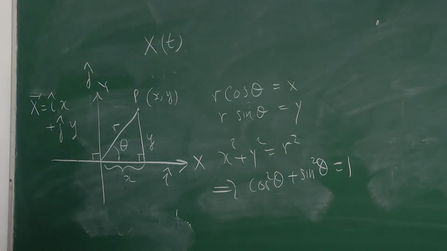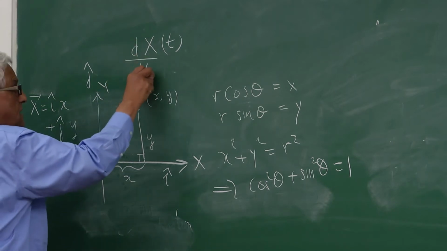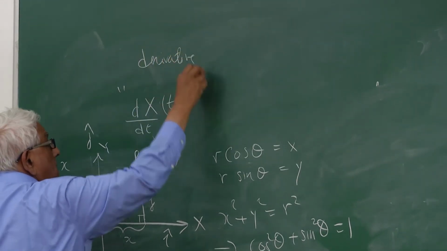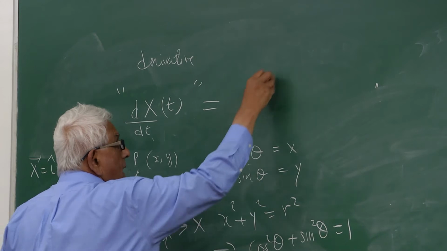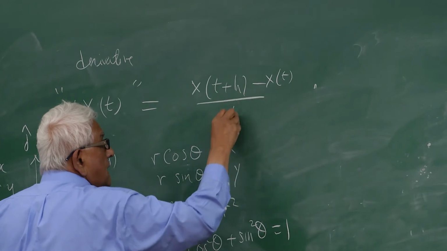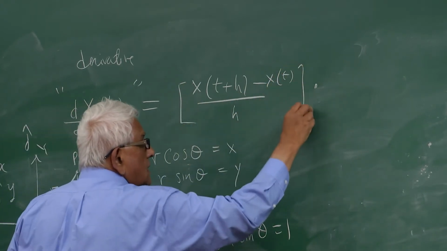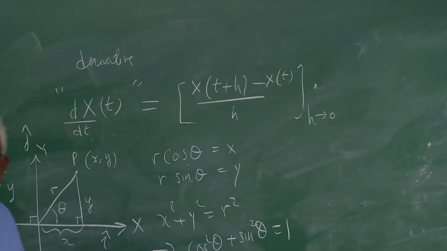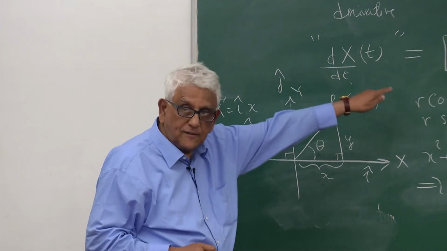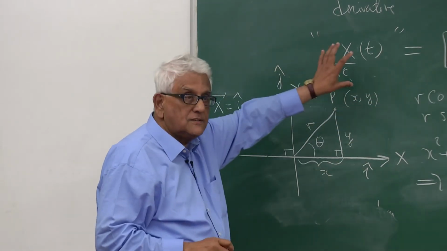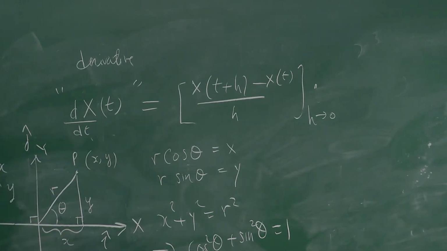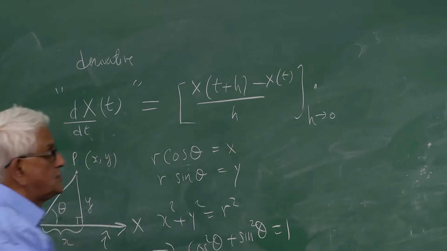But once we've done that, then the rate of change, the derivative, is defined to be x of t plus h minus x of t divided by h, and the limit. So x is a function, and this operation is on a function, and you get a different function, and so dx dt is a different function which you call the derivative, and this rate of change would then be called the velocity.